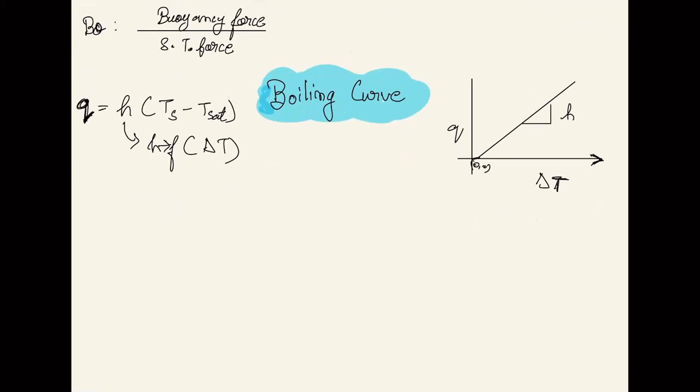To understand this, there was a scientist named Nukiyama. He was the first one to do this. So we'll first discuss his work. He did an experiment to find out the boiling curve.